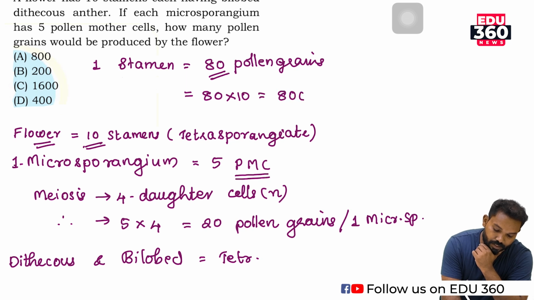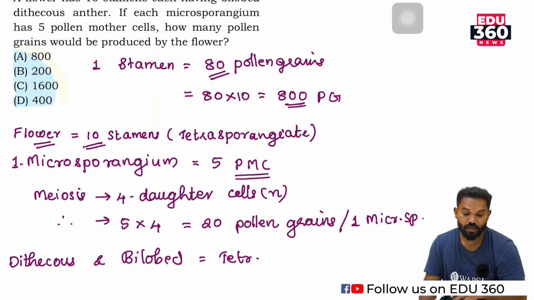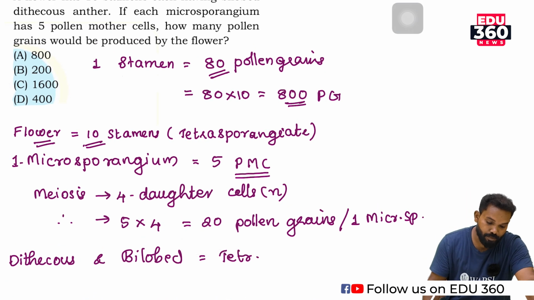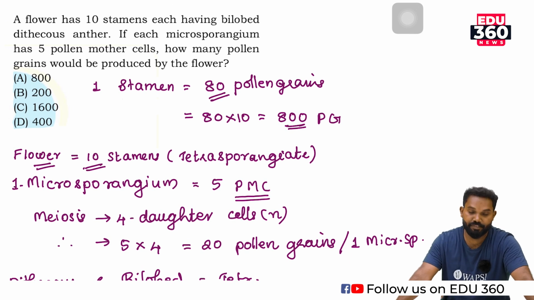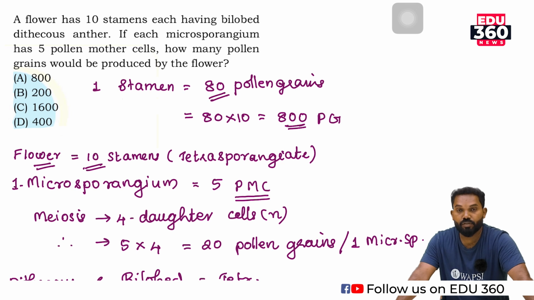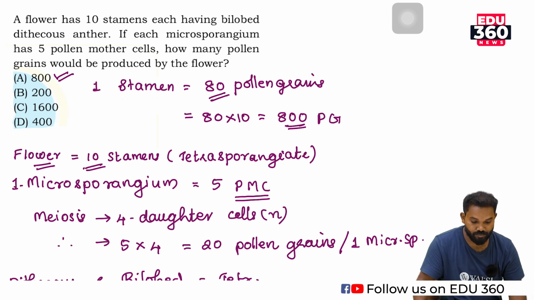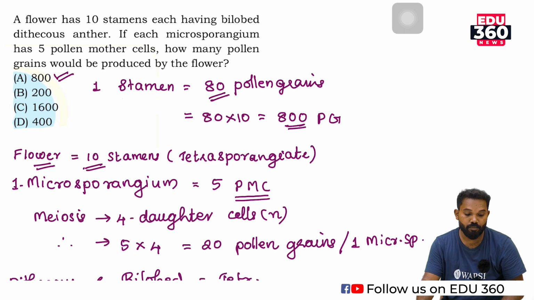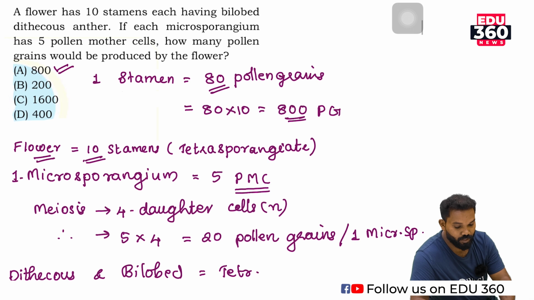That means 800 pollen grains. Clear? 800 pollen grains are present within a flower which has 10 stamens, which are bilobed and dithecous, tetrasporangiate, and each sporangium contains 5 pollen mother cells. So the answer is 800. Clear? Answer is 800 pollen grains.